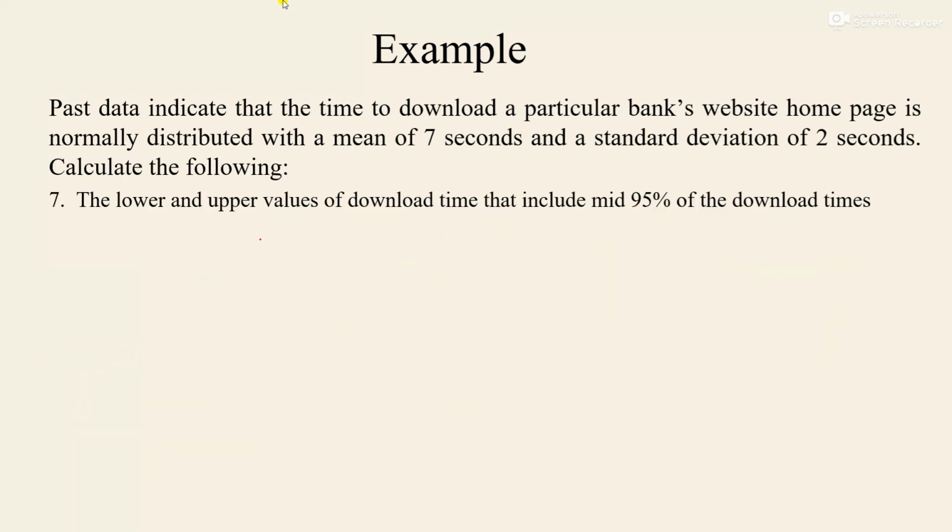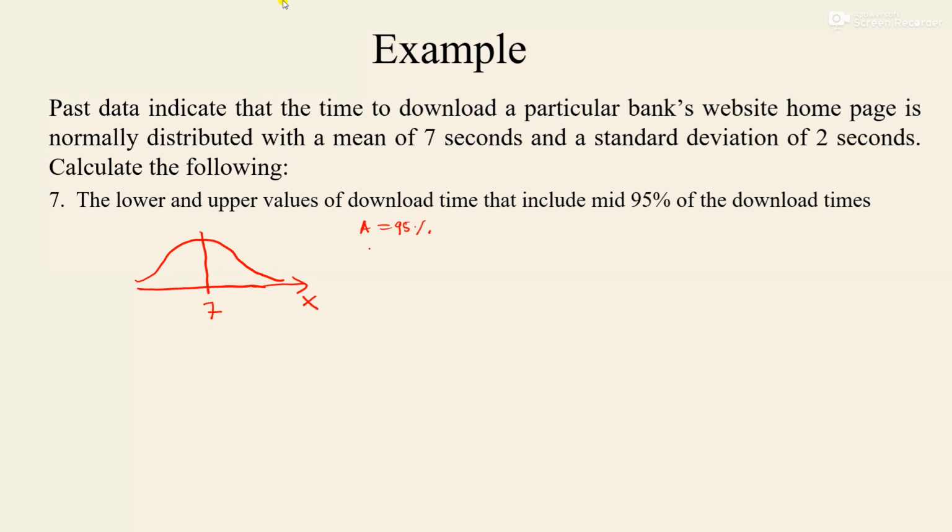The lower and the upper values of the download time include the middle 95% of the downloading times. Middle 95%, right? X is the downloading time. Mean 7. Middle 95% means A is equal to 95%.